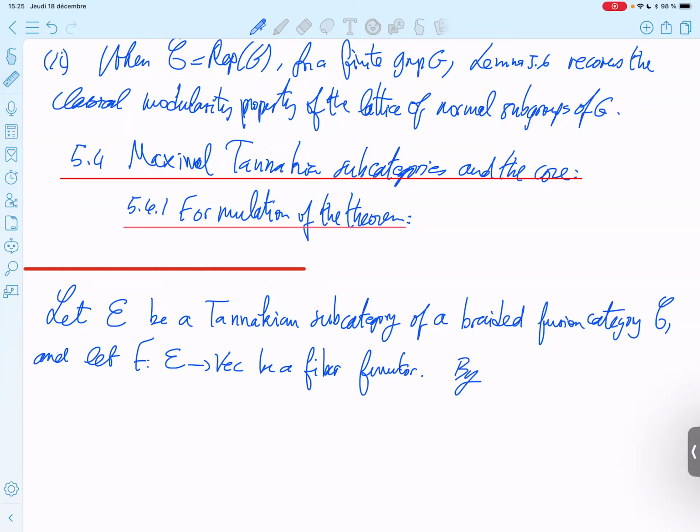By some previous section, we know that this data permits us to determine the fiber category.